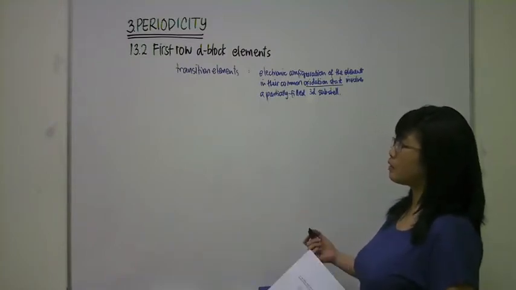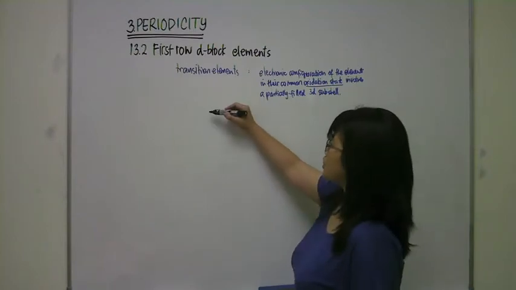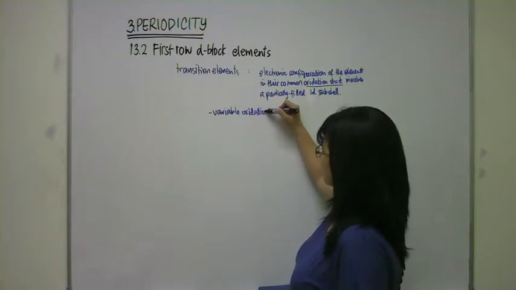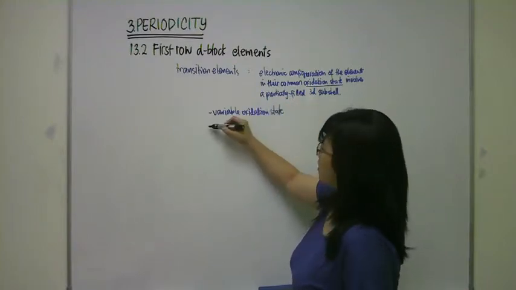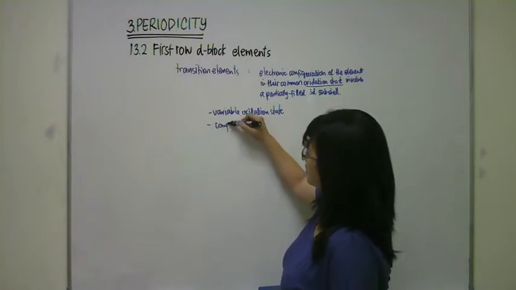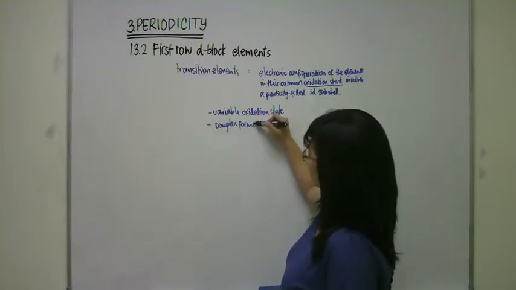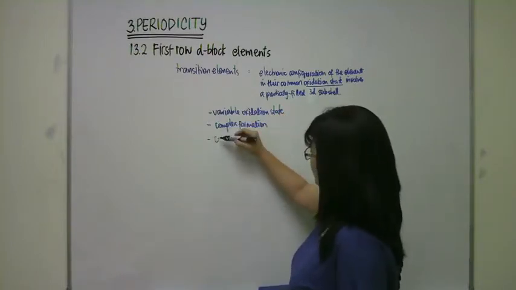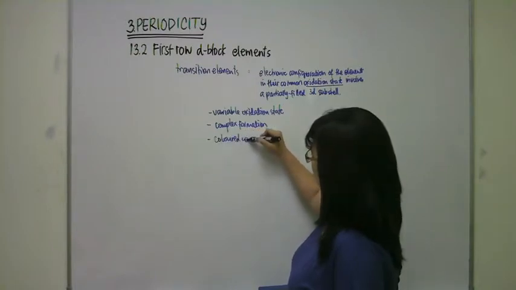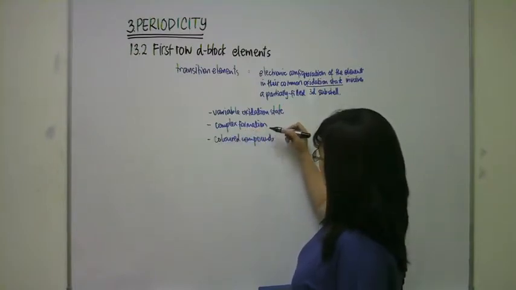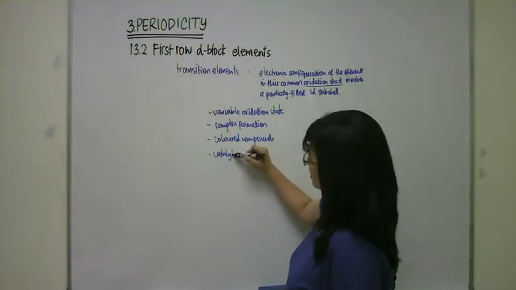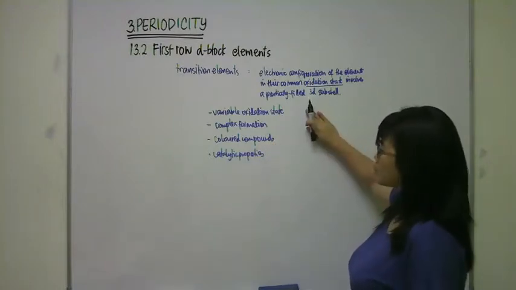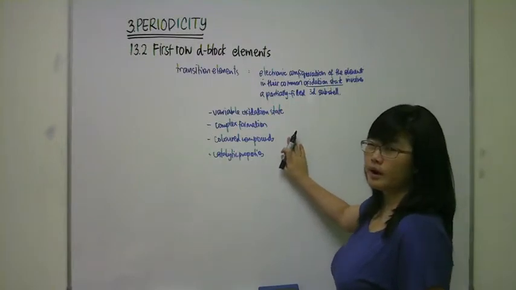Then you can talk about the 4 characteristics of transition elements, which are variable oxidation state, complex formation, colored compounds, and catalytic property. Meaning that the transition elements will exhibit these four characteristics, okay?